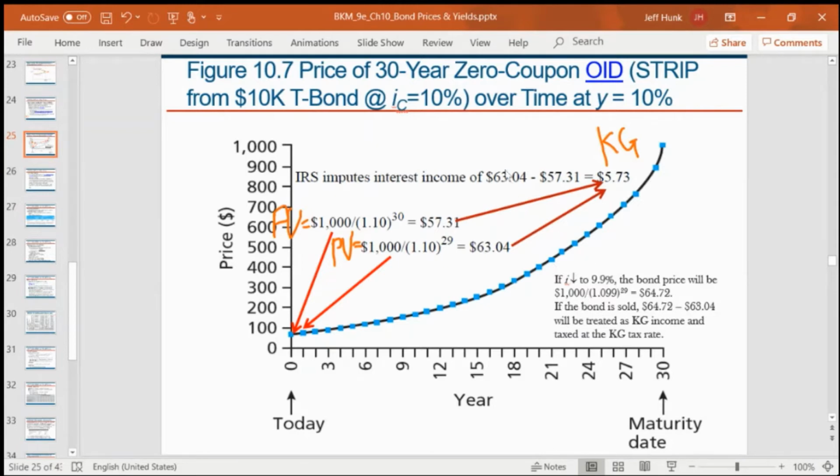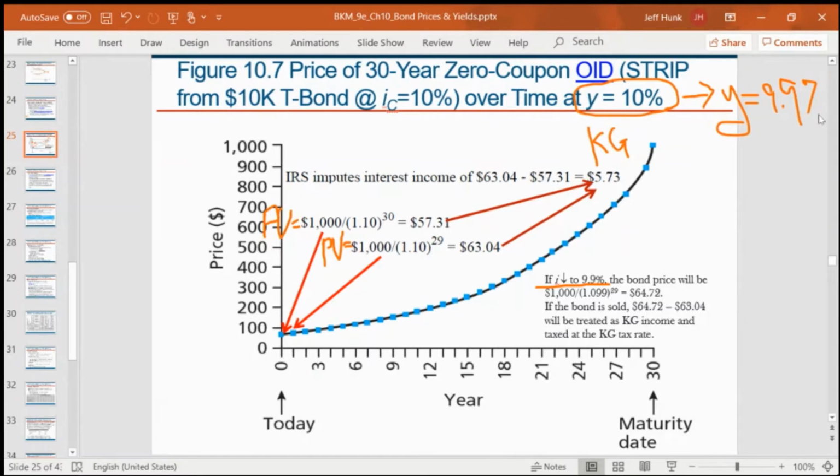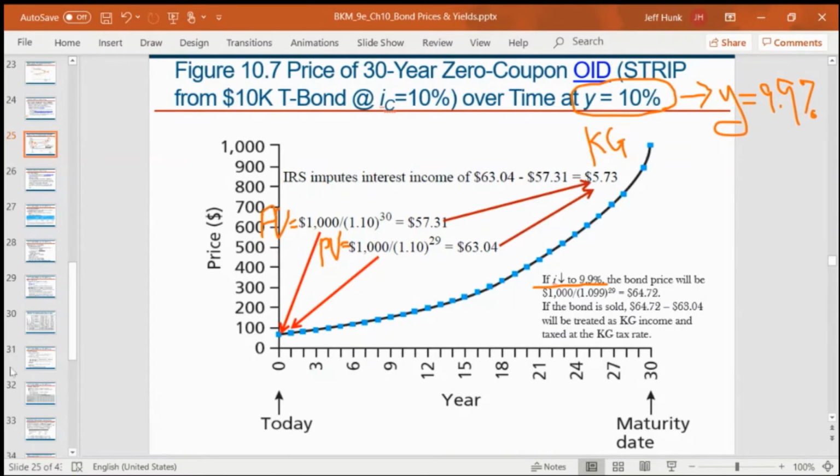But this is when the discount rate is 10%. Suppose the discount rate goes down to 9.9% in the second year. What does that imply? What can you expect? This will go up.